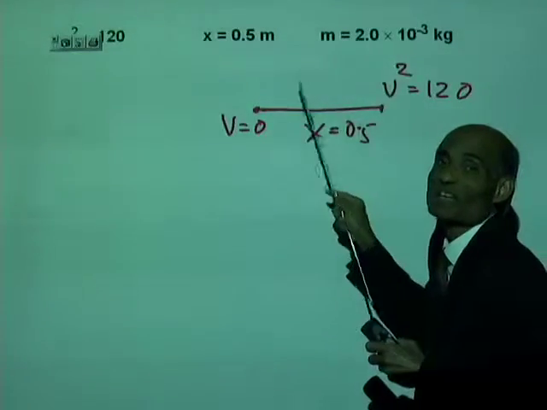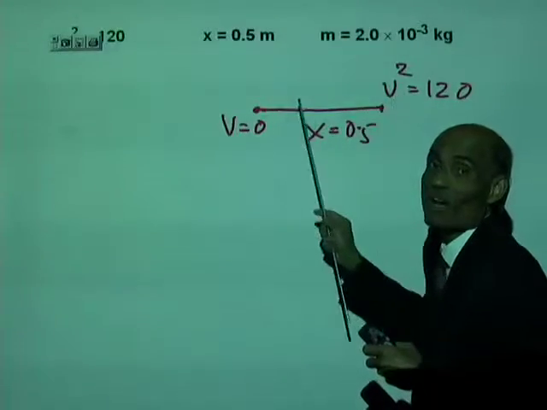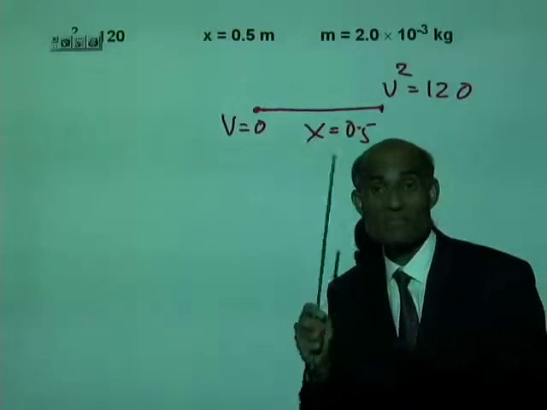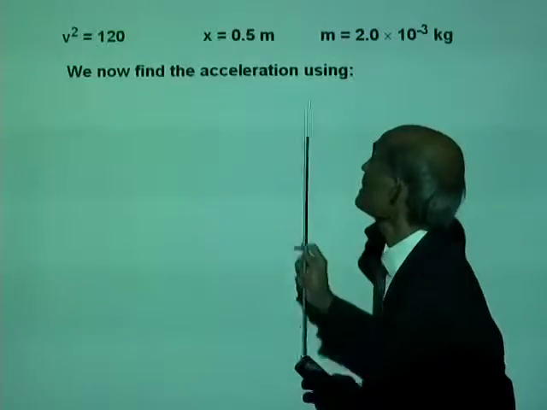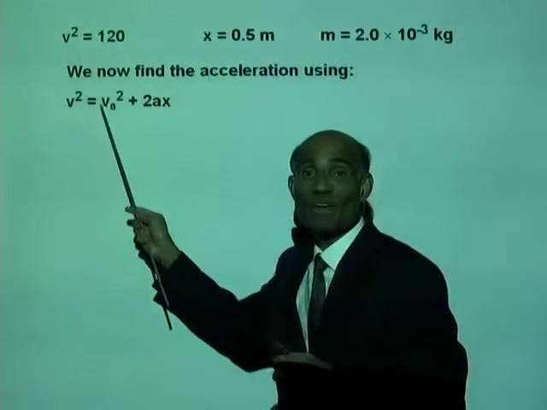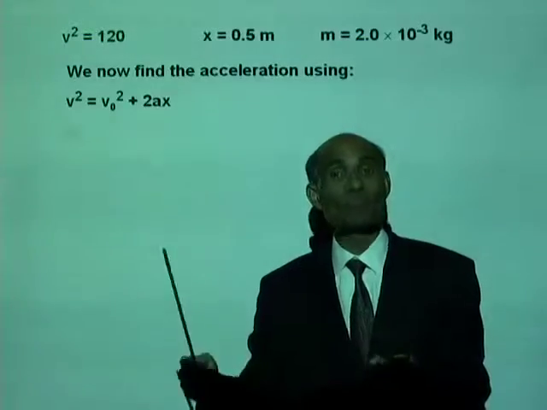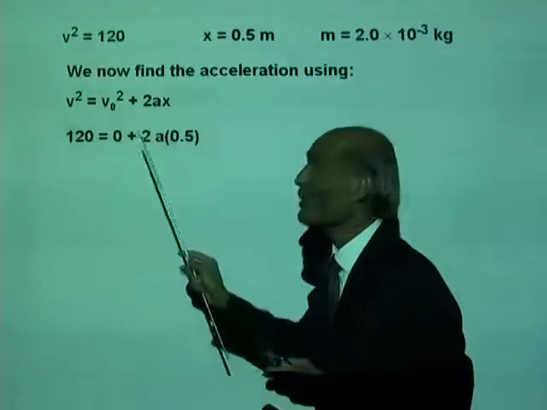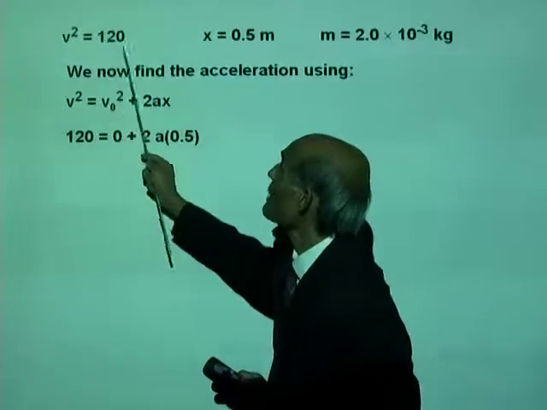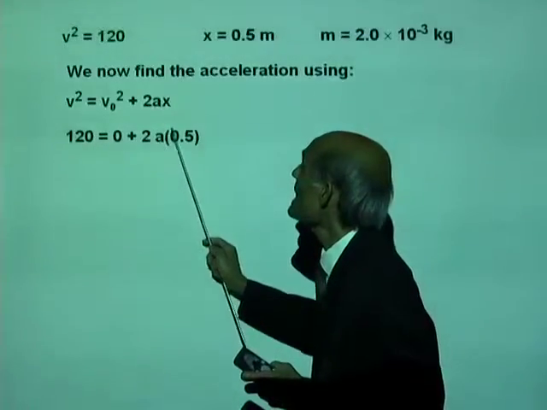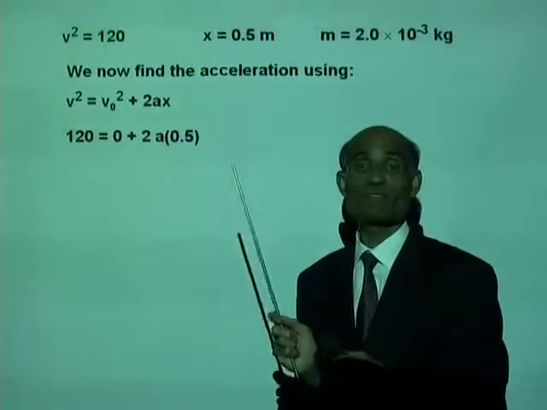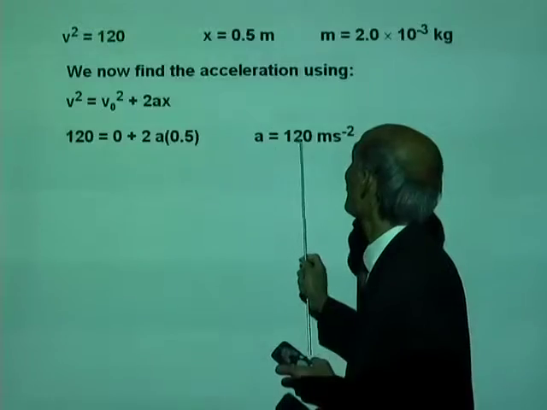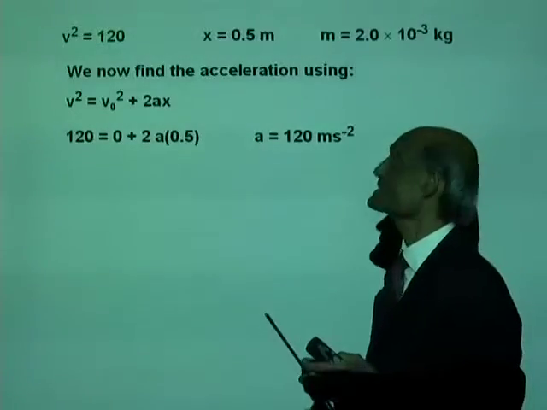Is there a relation connecting initial velocity, final velocity, displacement, and acceleration? Yes, we have. We find the acceleration using the relation v squared equal to v0 squared plus 2ax. v0 is 0. Therefore, 120 equals 2a times 0.5, and I can now calculate the acceleration. Therefore, a equal to 120 meter per second squared.